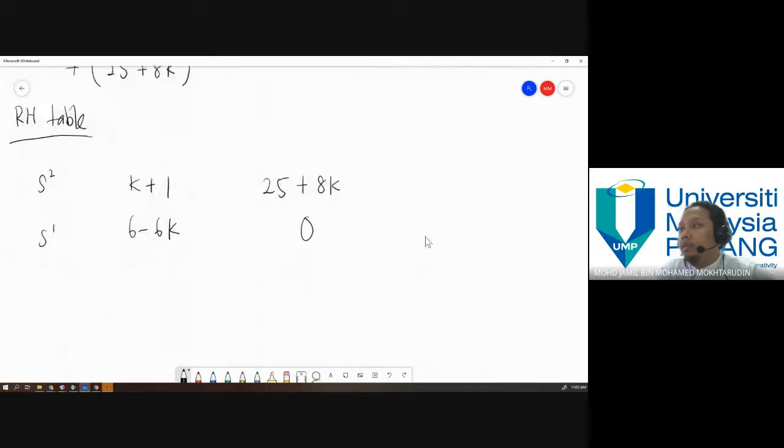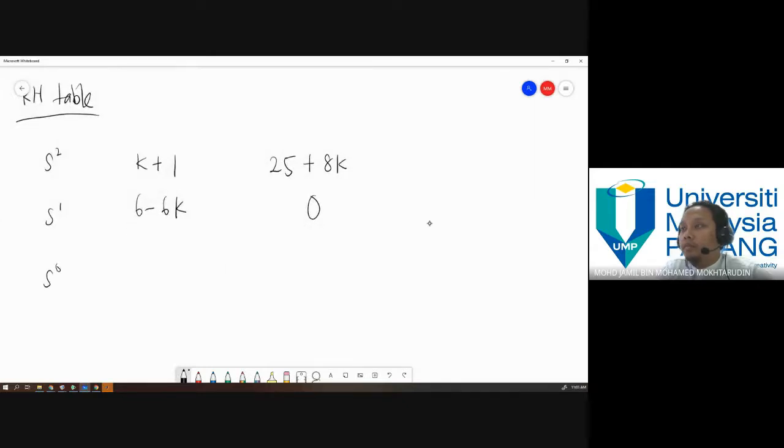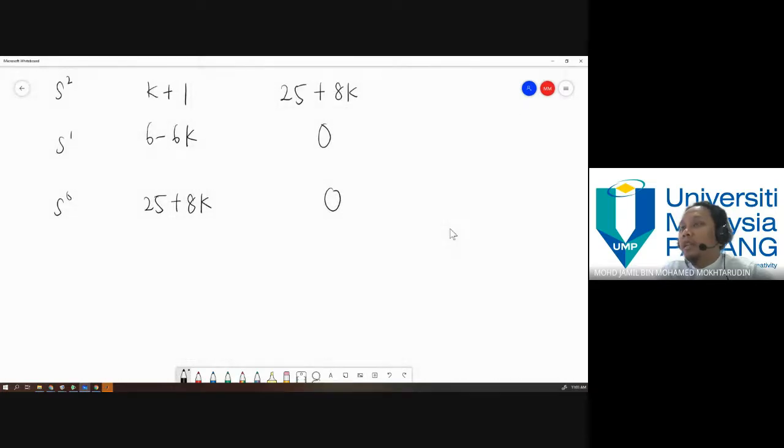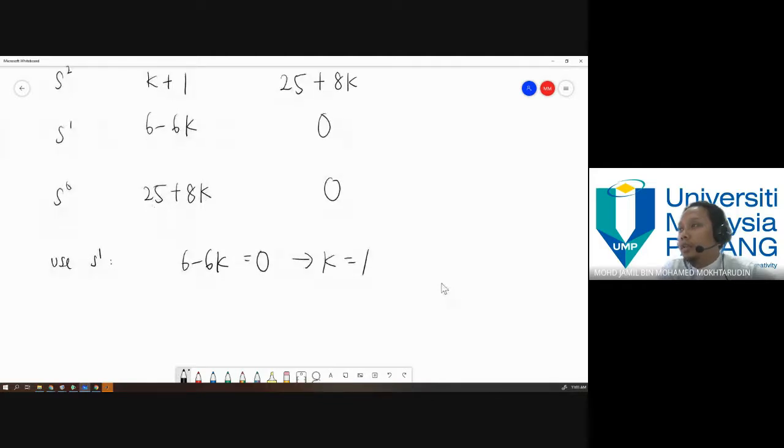And then find row s0. This is simpler compared to the previous one. Use row s1 to get K. So 6 minus 6K equals 0, so we get K equals 1. This is the gain value at the JW axis crossing.